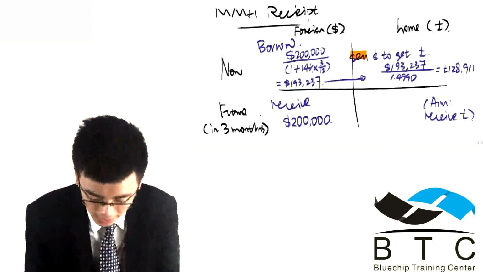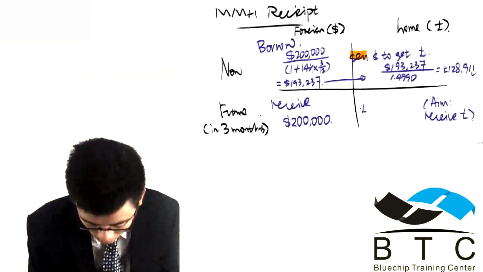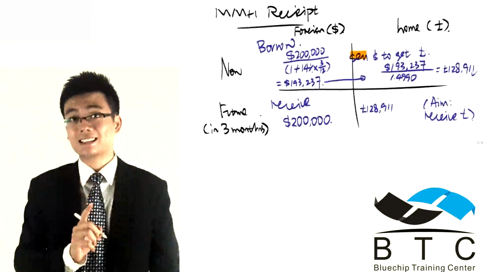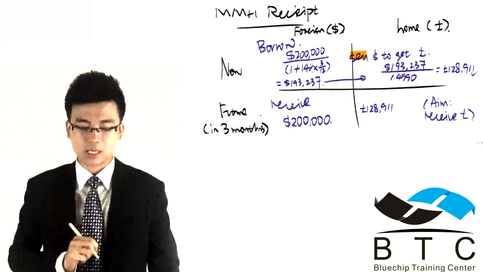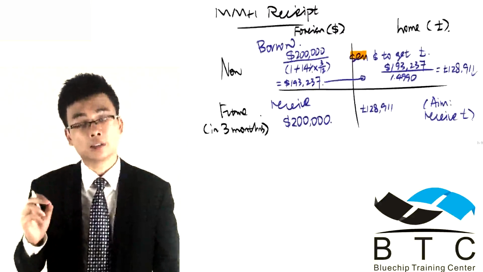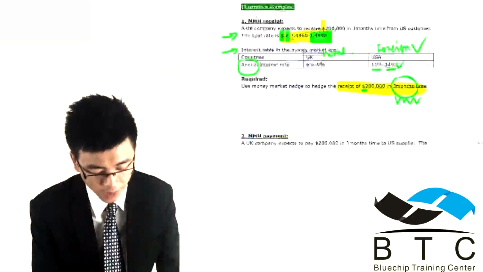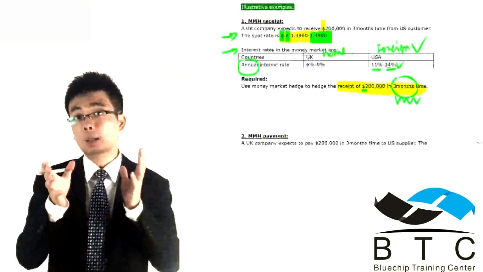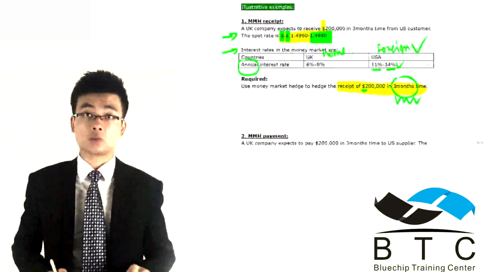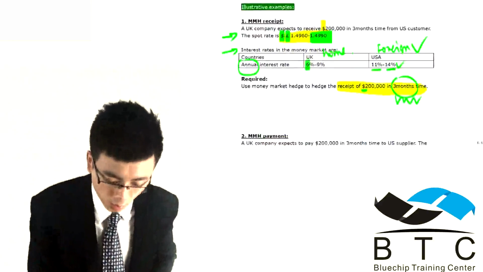So what I'm going to do is take this 128,911 today, deposit it into our home bank and earn the interest. So from that perspective, because we're going to earn the interest from the bank, which rate should we use?